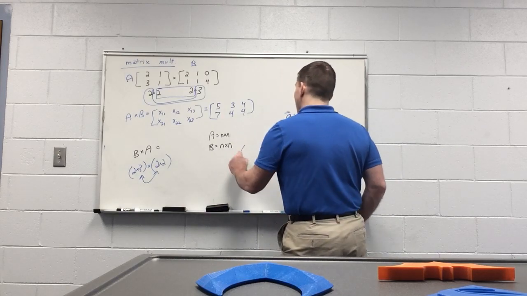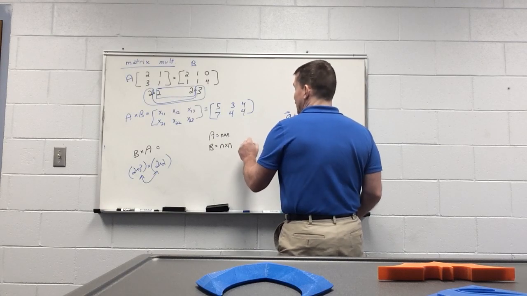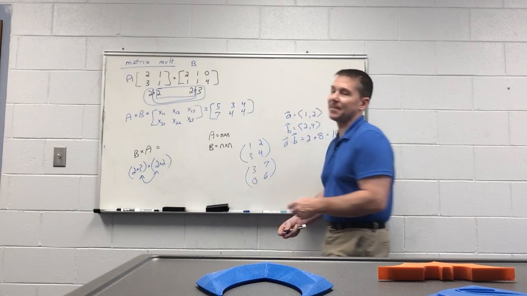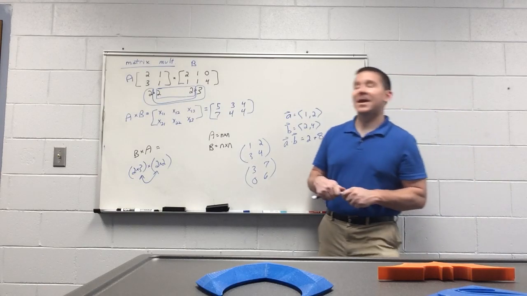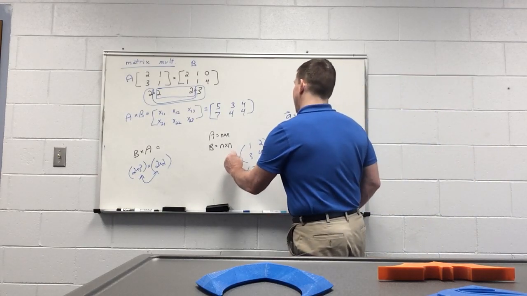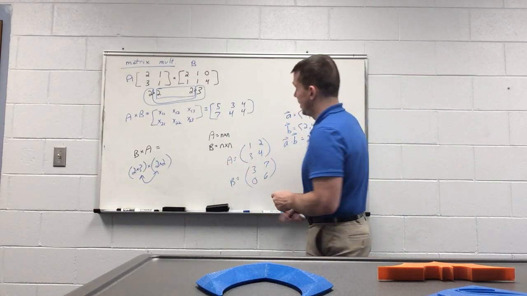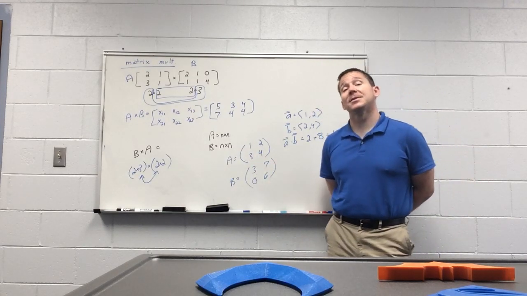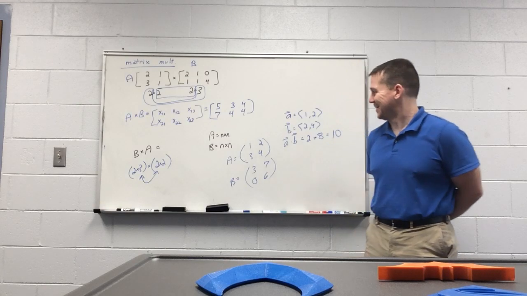I'm not going to do it, but just pick an n by n matrix, a 2 by 2: 1, 2, 3, 4. Pick another one: 3, 7, 0, 6. Who knows? Just make it up. Multiply those out. If this is A and this is B, see what A times B is, see what B times A is, see if they're the same. They won't be.